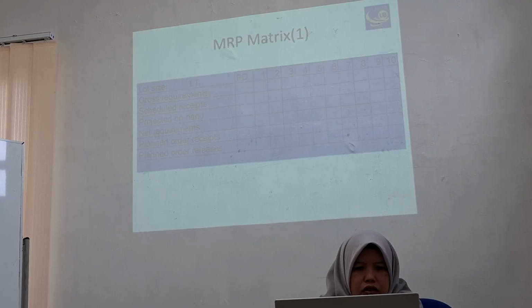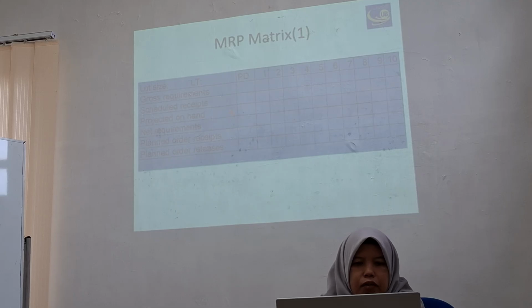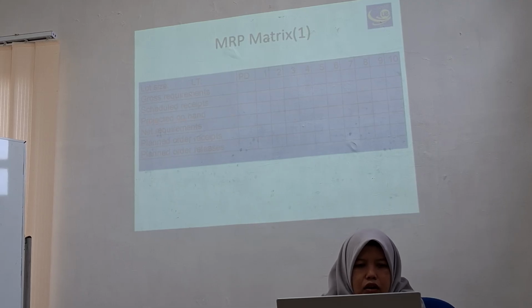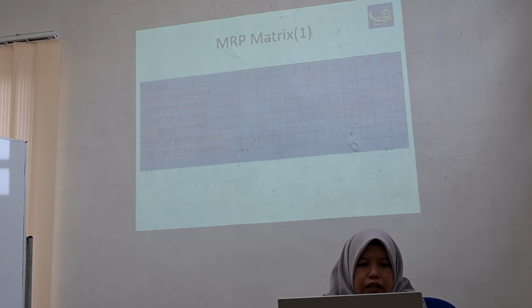The second, scheduled receipt, is the information that an order will be received in each period. For the third, it is POH, projected on hand, the same as inventory.